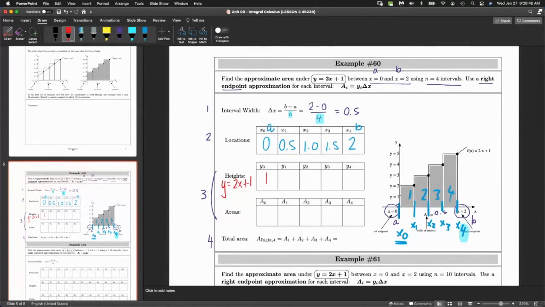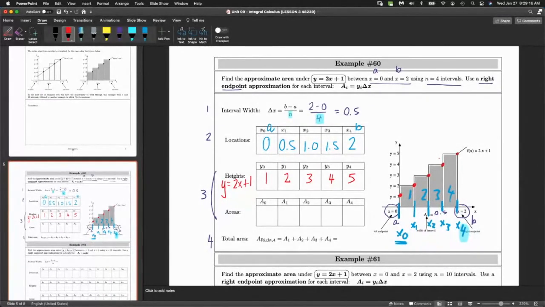If you look on the graph, that's this point right here. And then you can get the next one by plugging it in, and you're going to get this point, and so on. It turns out that this one's pretty boring because it's just 1, 2, 3, 4, 5. So you could get these numbers from reading them off the graph. There they are, see the heights, see the y values, 1, 2, 3, 4, 5.